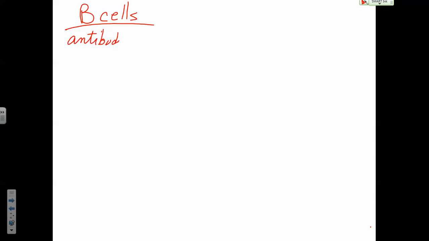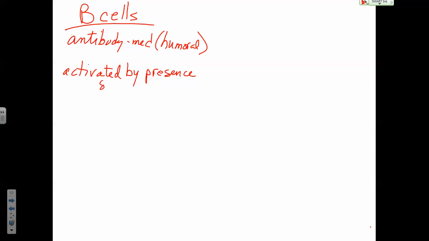Antibody mediated, also called humoral immunity. And how do they get activated? By simply the presence of the foreign antigen that they're specific for. The antigen doesn't have to be on anything in particular. It's just got to be there in your body fluids. So that's what activates it.